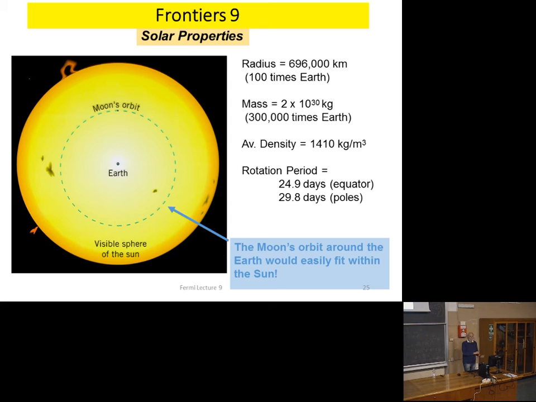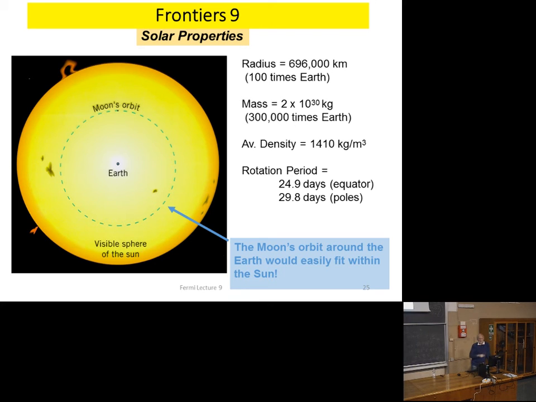The rotation period is interesting. Because you live with the sun every day, I decided to show you some of the features. Did you know that the sun rotates at a different period near the poles than it does at the equator? That's not true of the Earth, of course. The Earth does one rotation at the poles just as at the equator.